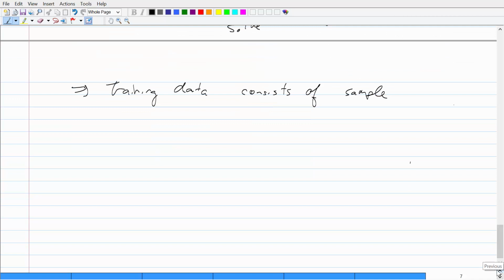All right, so it consists of samples. Each sample has a set of features. Okay, and a feature is something that is unique and characteristic to each sample that you're looking at.